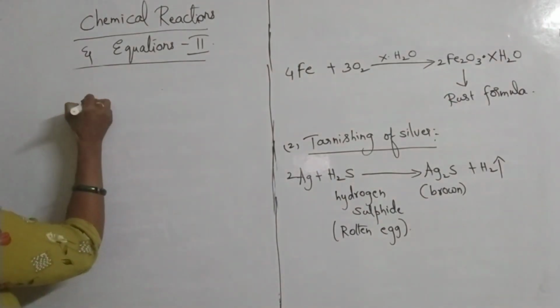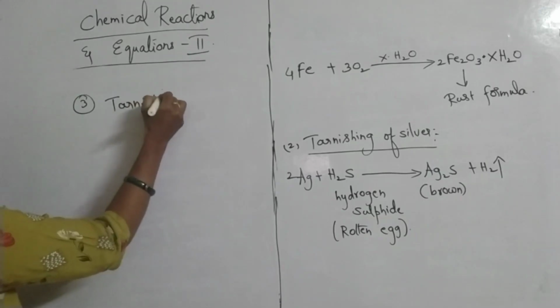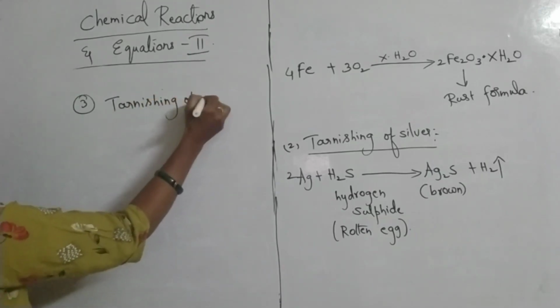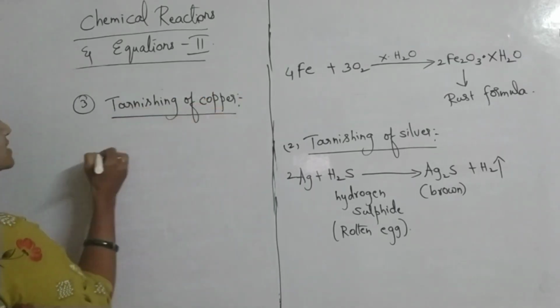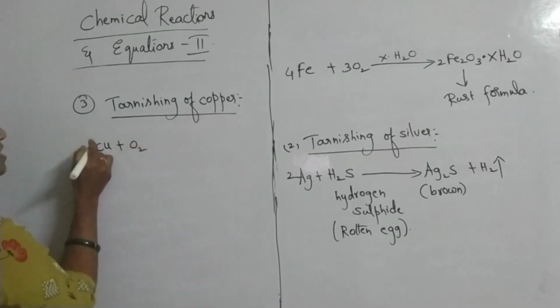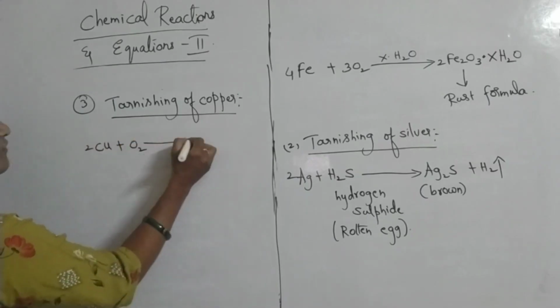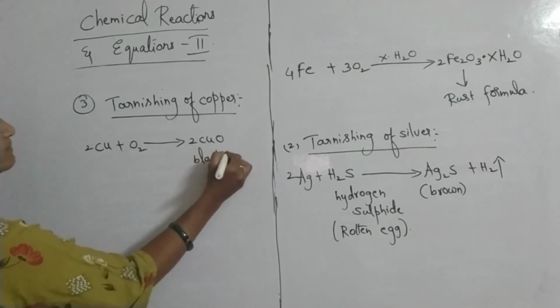Third type of reactions are what? Tarnishing of copper. Tarnishing of copper articles. So when copper articles are exposed to air, atmospheric oxygen, first of all a black colored copper oxide will form.